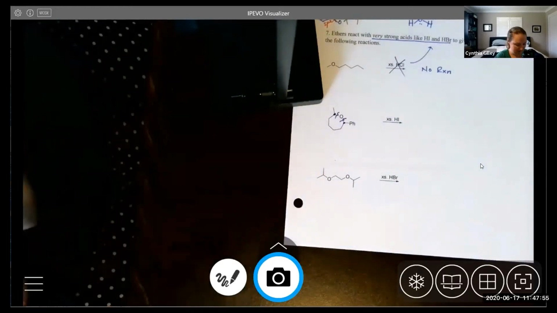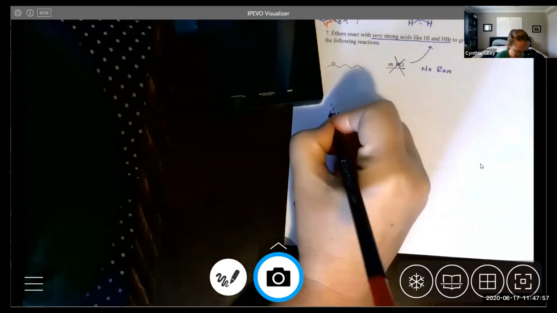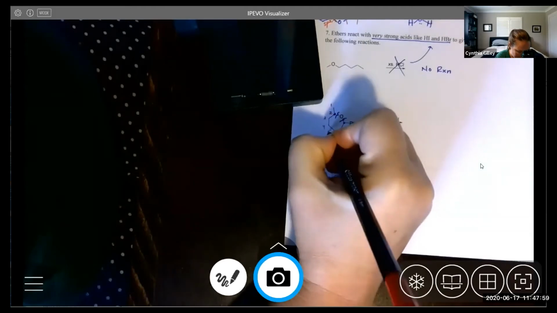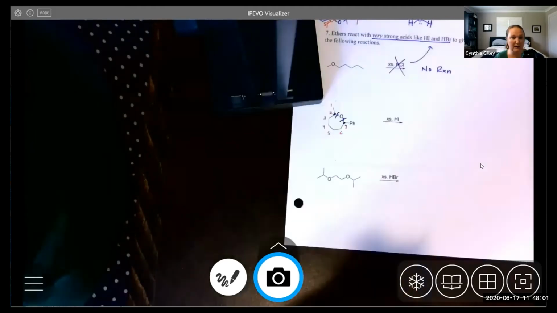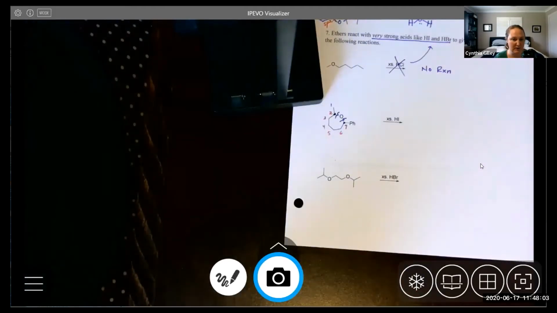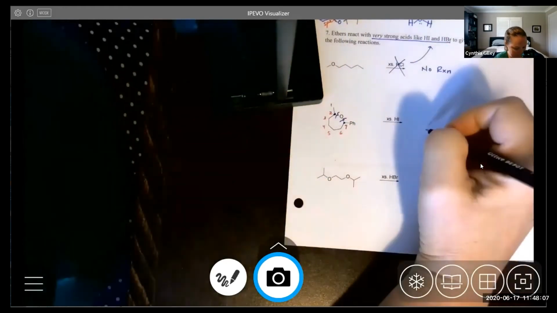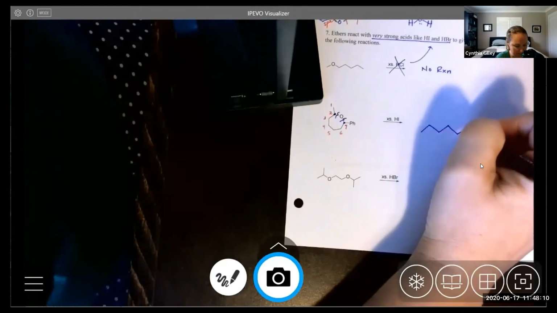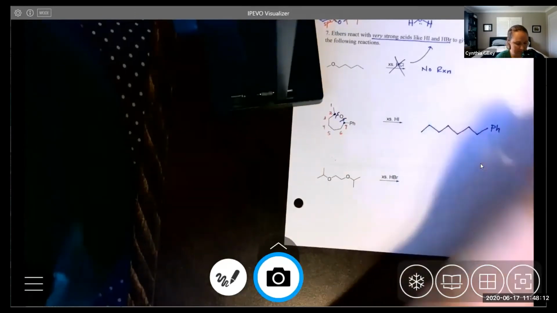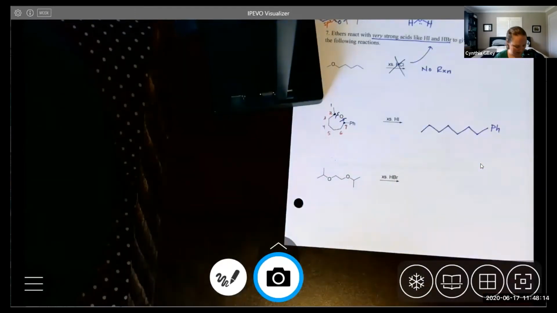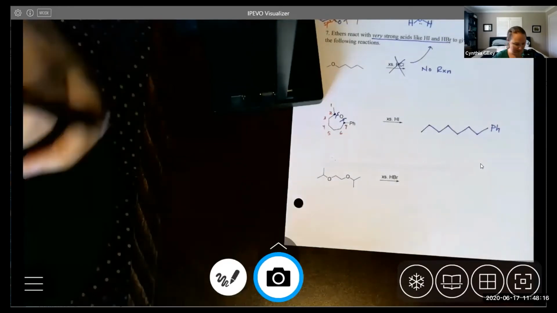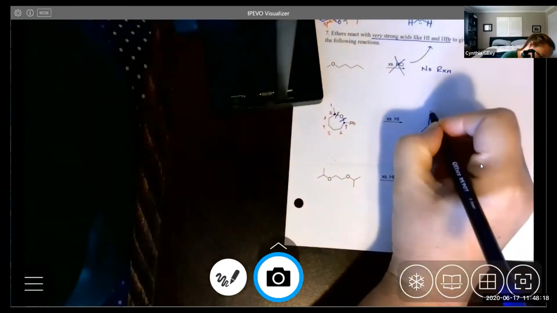And I can just count out this carbon chain to make sure the product that I draw, since it's not a ring anymore, still has the right number of carbons. And so I'm just going to do 7 carbons. 2, 3, 4, 5, 6, 7, phenyl. And then at carbon number 2, I end up with an iodide.